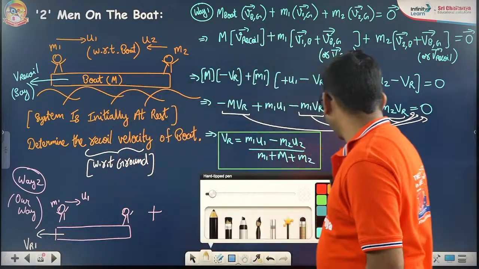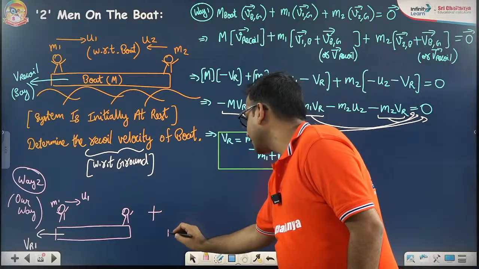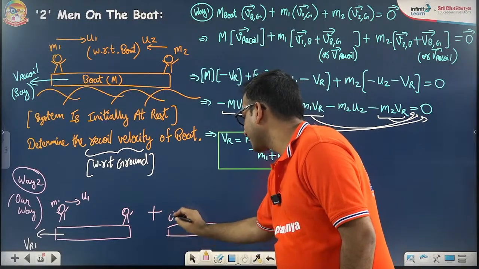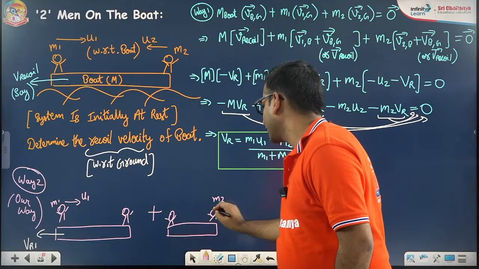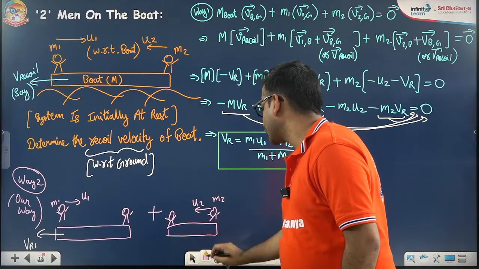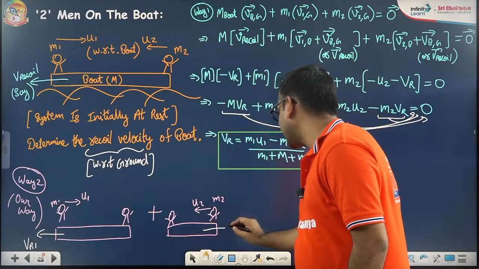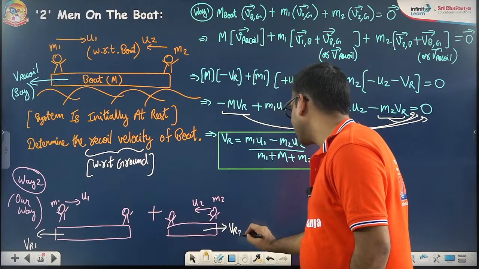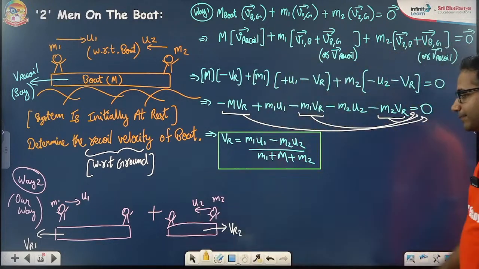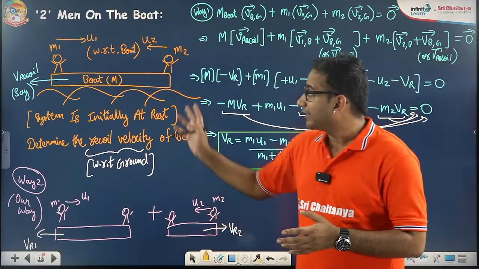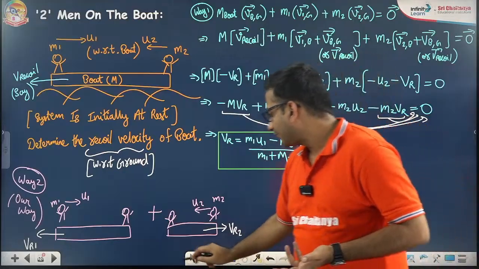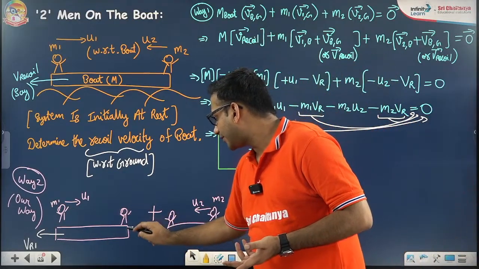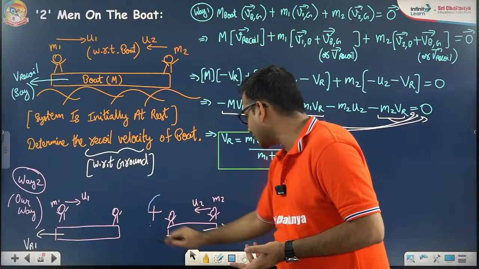Now imagine that M1 is not moving, only M2 is moving with U2. So definitely there will be this recoil velocity 2, VR2. Correct? So if both are moving, you move one at a time and write down the final answer.